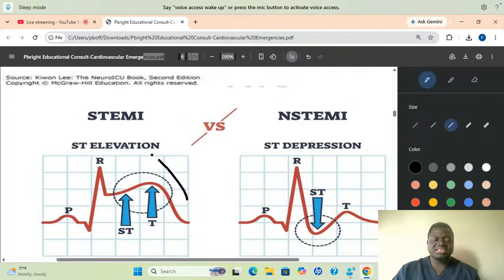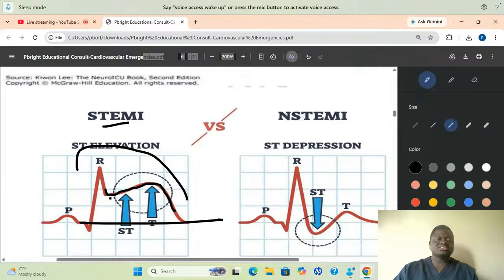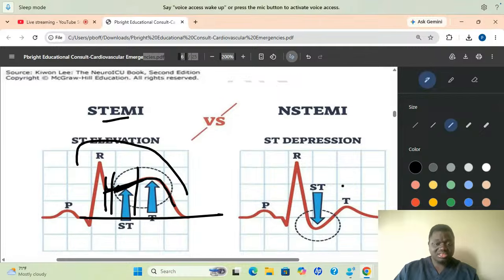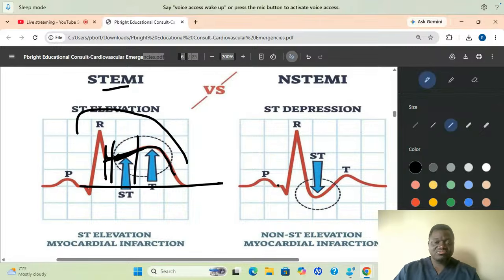Then if you look at the EKG too, the STEMI patients will have what? Elevated ST segment. Then the NSTEMI and the angina patients, if you draw the zero line, you realize that the ST segment is below it. That is it.